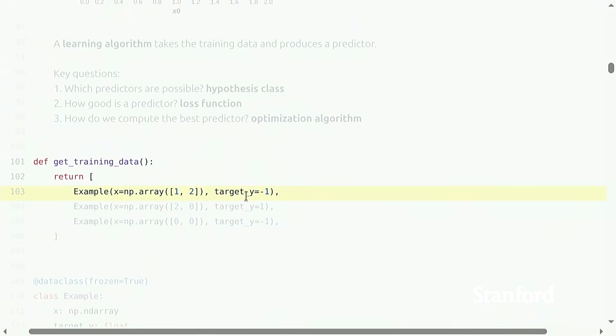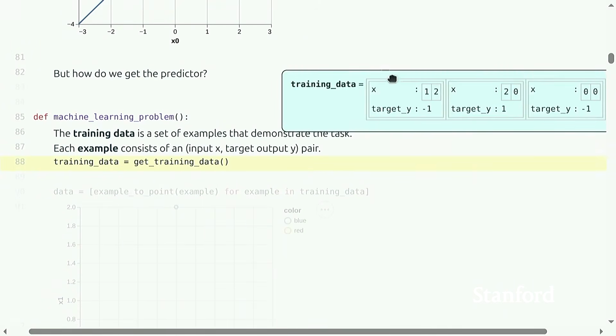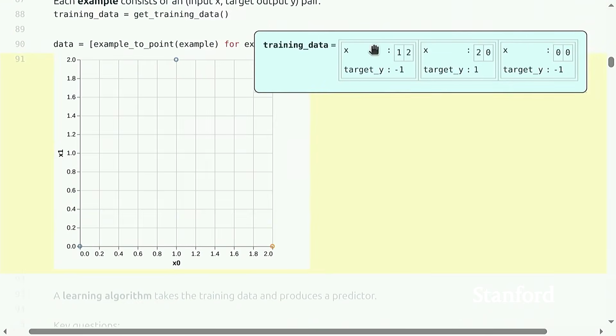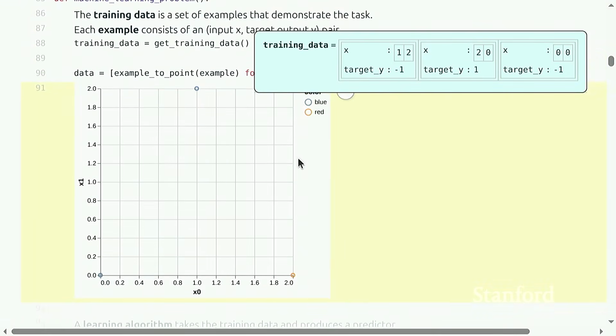So in classification, the training data might be (1, 2) is the input, and the target is -1. (2, 0) as input, I want the output to be 1. (0, 0), I want it to be -1. Okay, so those are 3 examples in my training data. And I can visualize it as well.